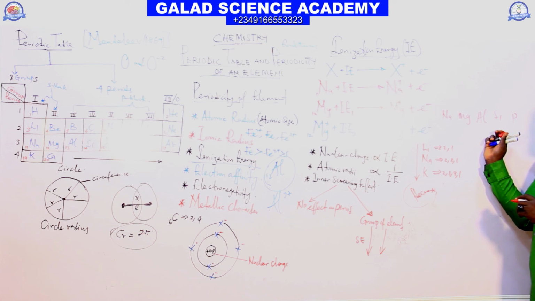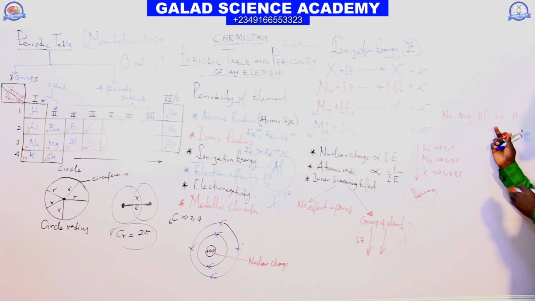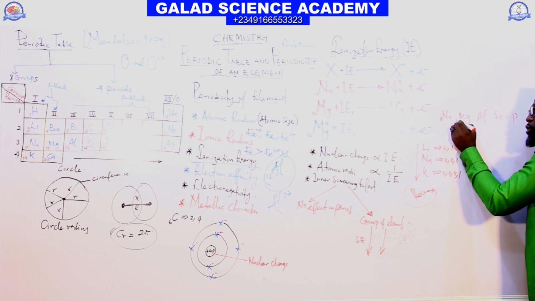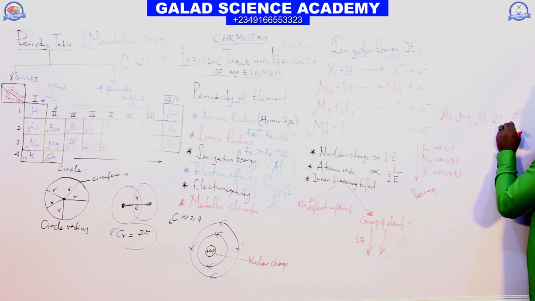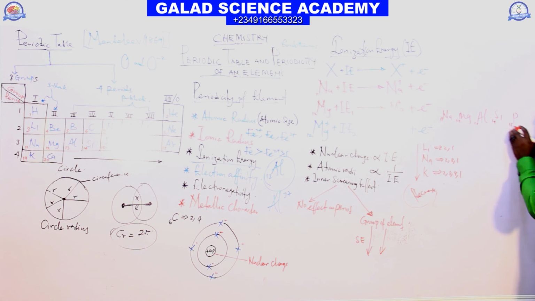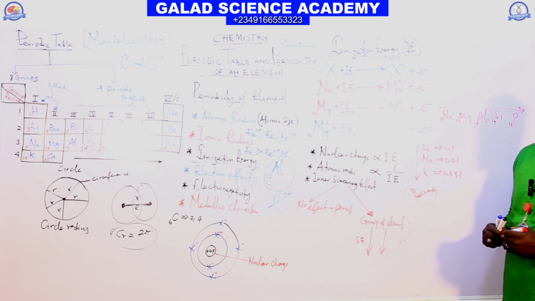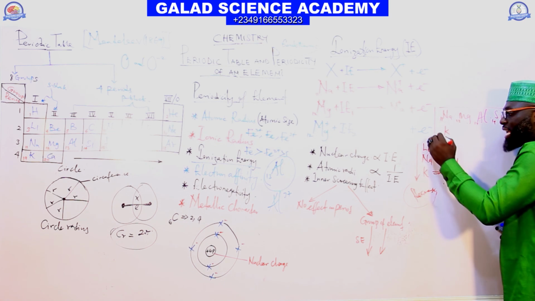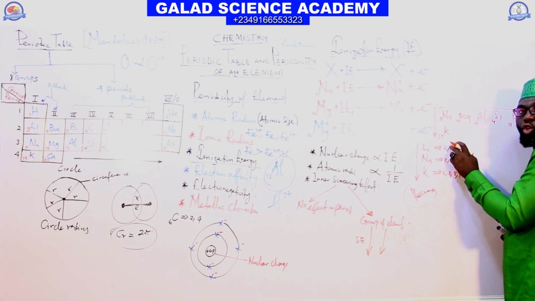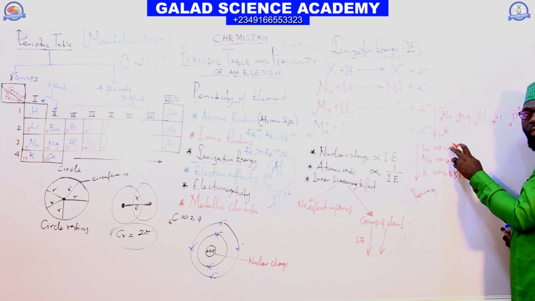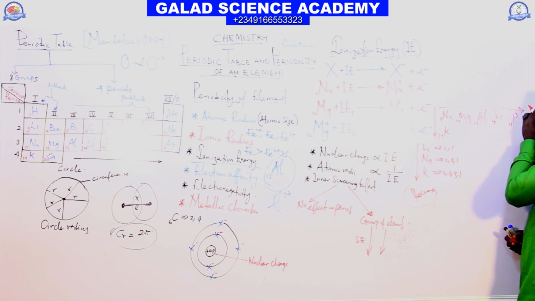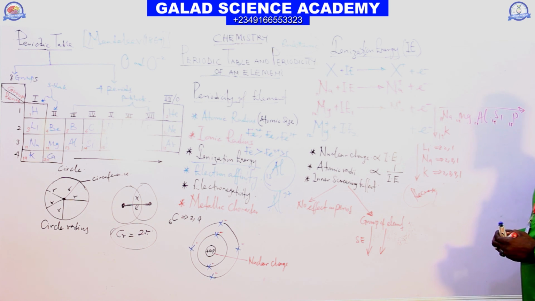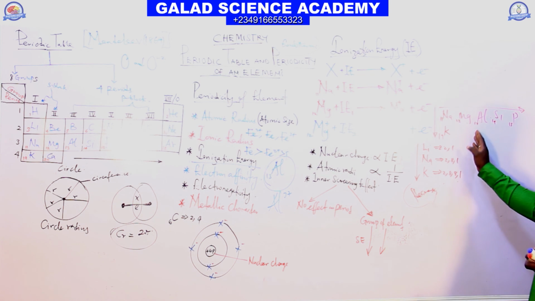As the atomic number 11, 12, 13, 14, 15 increases, the ionization energy also increases. But down the group, sodium and potassium, the ionization energy will decrease down the group, but increase across the period. That's all about ionization energy.